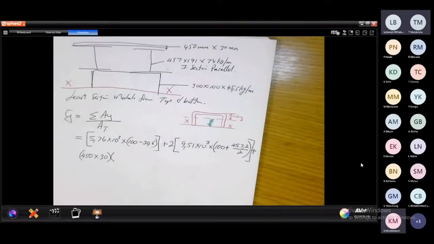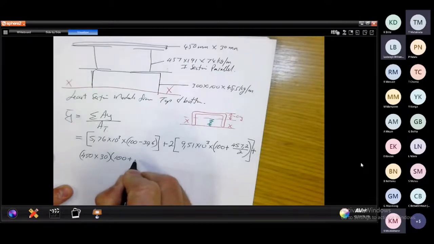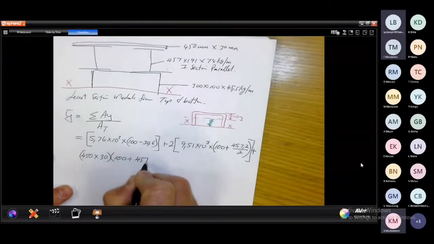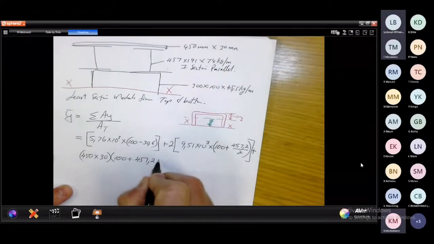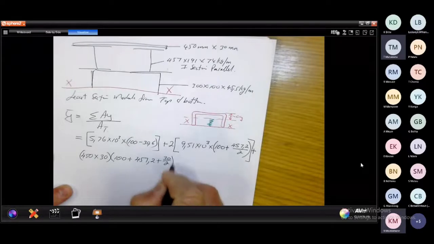Working from the bottom. 100 plus 457.2 plus 0.2, plus 30 divided by 2. Well done.